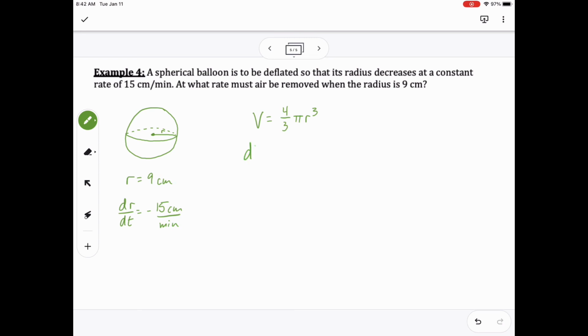And then from here, I can take the derivative. I only need dV and r, so I'm not going to have the same thing that happened in example 3. So here, 4/3 pi is a constant. It stays there because it's multiplied. So the derivative of r cubed is just power rule, so it's 3r squared. I can simplify that a little bit, so it gets me 4 pi r squared. And then I can start plugging in values that I know.